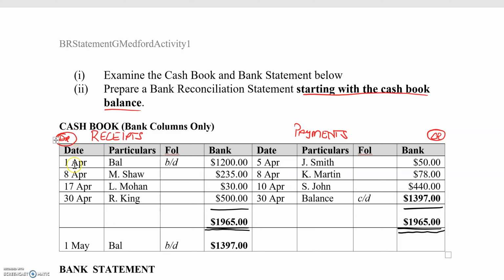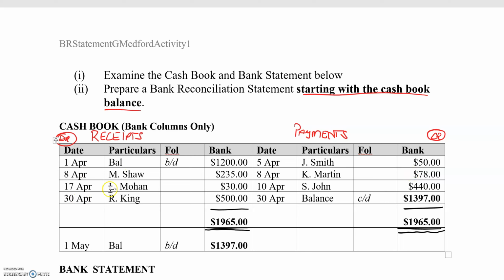So we start with our opening balance of April 1st, and it's the balance brought down, it's $1,200. On the 5th of April, we have particulars J. Smith, $50. 8th of April, M. Shaw, $235 on the debit side of the cash book, which means it's a receipt. 8th of April, K. Martin, credit side of the cash book, $78, which means it's a payment.